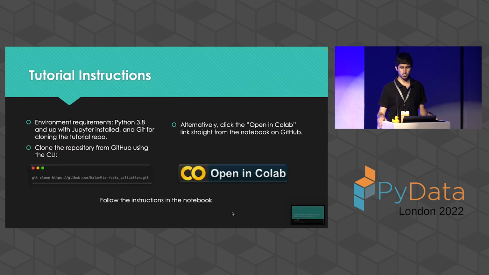So instructions for the tutorials. There are 2 ways you can go through it. So either you clone the repository locally and you have your own Python environment and Jupyter installed and use that, or if you navigate to the repository on GitHub, you can just navigate to each of the notebooks and then click Open in Colab, and then it will open up in Google Colaboratory, and you can run through that.